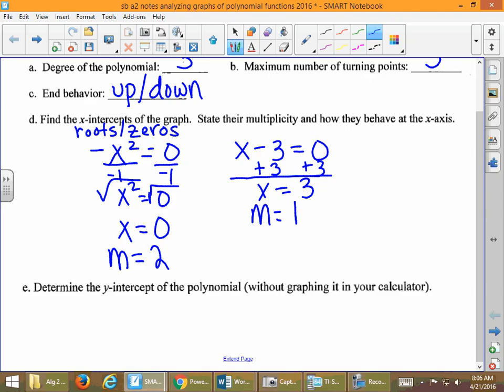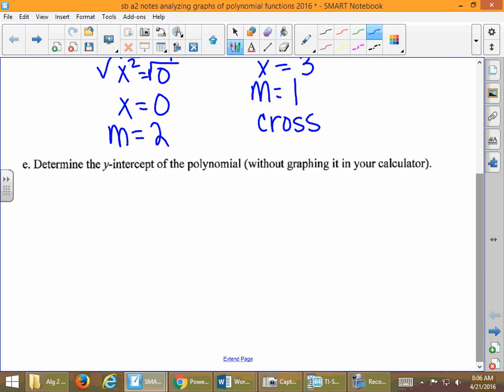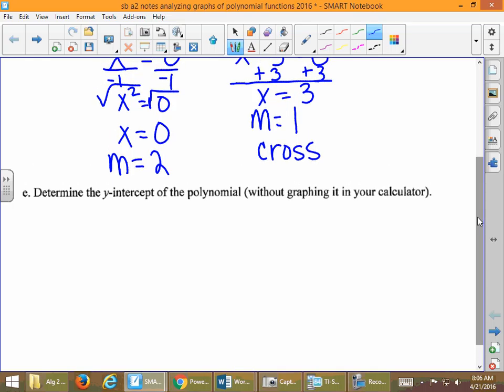Multiplicity at 3 is 1. Do we cross or do we touch when the multiplicity is an odd number? We cross. So back here at our root of 0 with the multiplicity of 2, 2 is an even number, so do we cross or do we touch? We're going to touch.